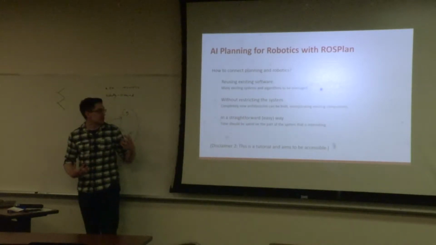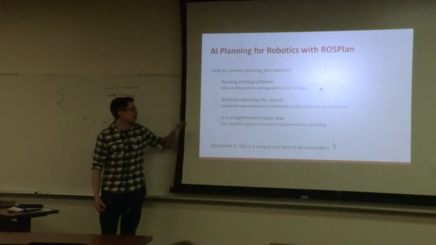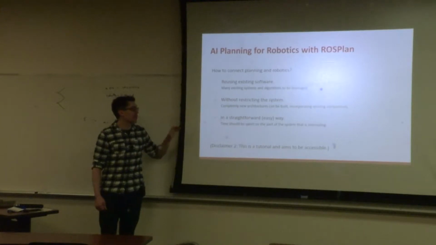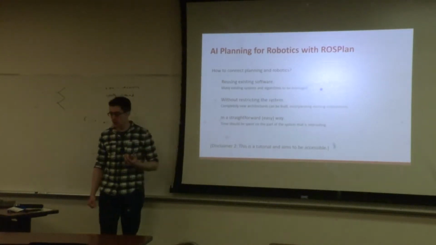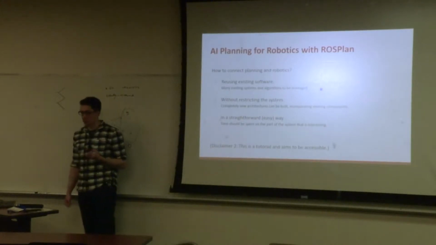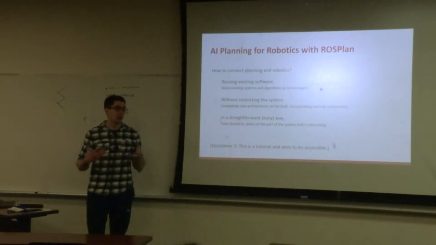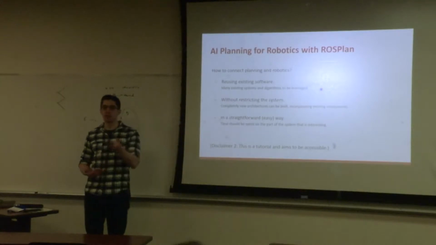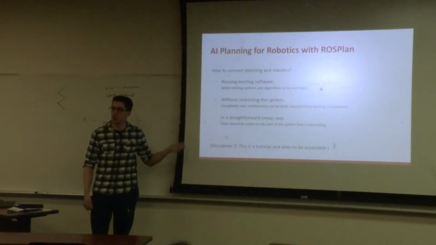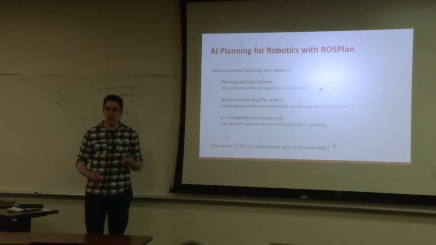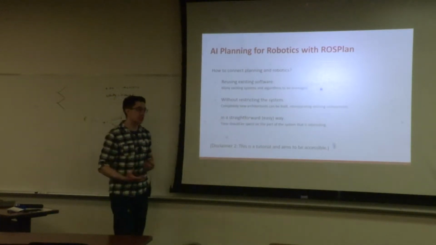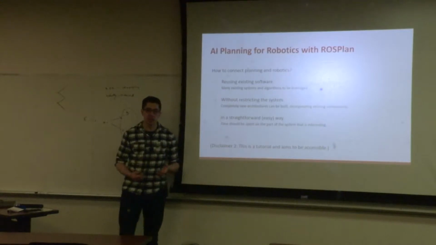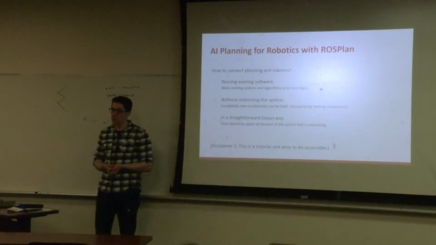What I'm going to do now is really talk about how to connect planning and robotics with these three aims in mind. The purpose of it being that you should be able to go away, watch the video, and follow the instructions, and be able to build a very simple task planning robotic system, run it in simulation, and start experimenting as soon as possible.